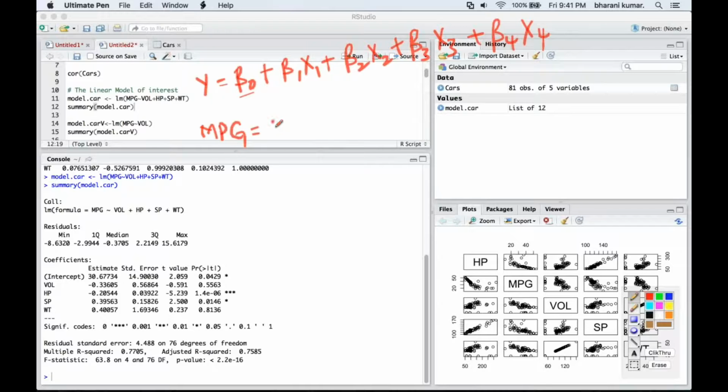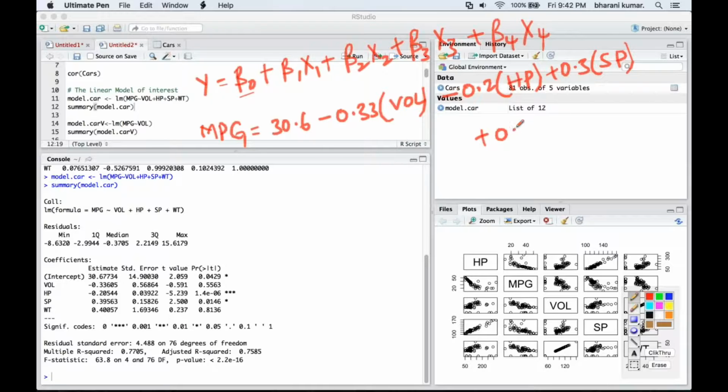So miles per gallon is equal to 30.6 minus 0.33 times volume minus 0.2 times horsepower plus 0.3 times SP plus 0.4 times weight.